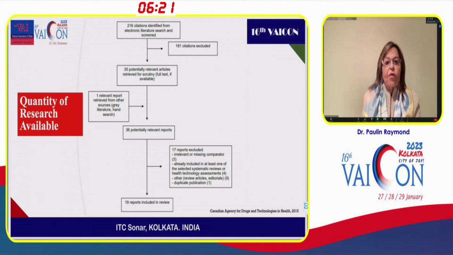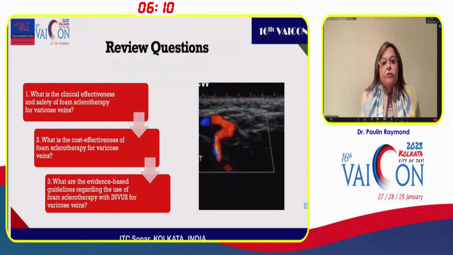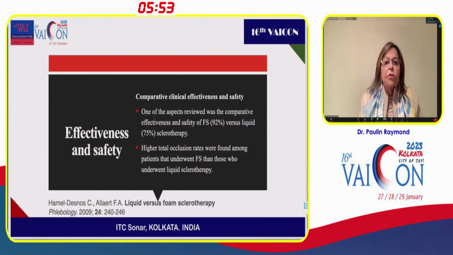Of these, 4 were CPGs, 1 an economic evaluation, 2 cohort studies, 7 RCTs, 15 SRs, and 1 NHDA. Three major research questions guided this review: what is the clinical effectiveness and safety of foam sclerotherapy, the cost effectiveness, and the evidence-based guidelines regarding the use of foam sclerotherapy with interventional ultrasound for varicose veins?